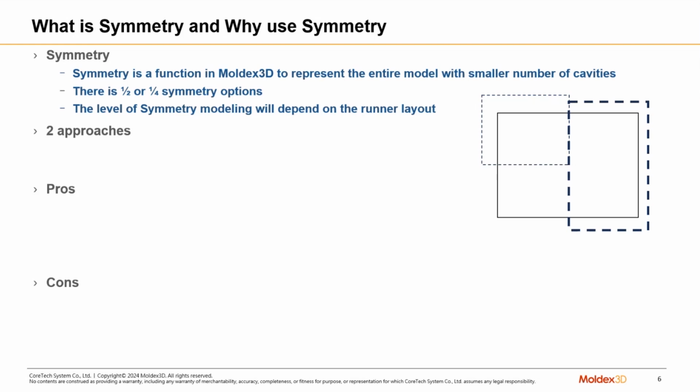And when do we run it? When we have a symmetrical runner, right? So let's say if we have a mold, and if we divide it into two halves, and both the halves are symmetrical, then yes, you can get to your answer by running half of the mold. So that's when we run it.